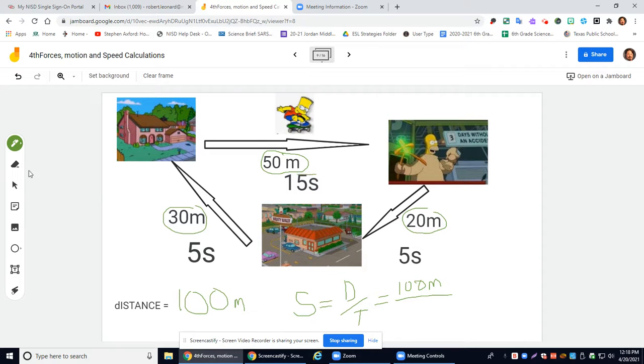Well, 15, let me use a different color. 15 plus 5 plus 5 is 25. 25 seconds. 100 divided by 25 is 4. 4 what? Meters per second. That comes from right here, meters per second.